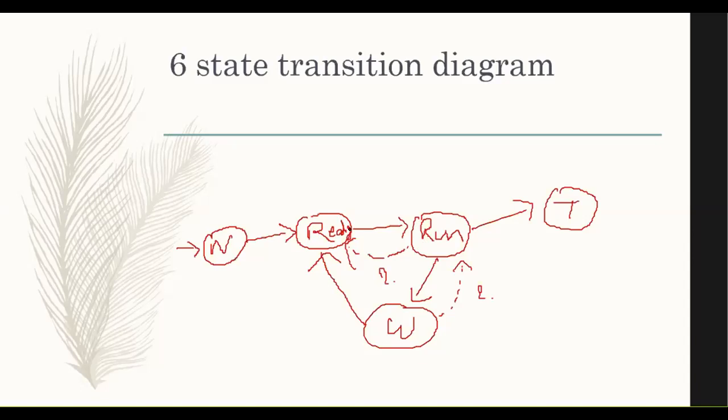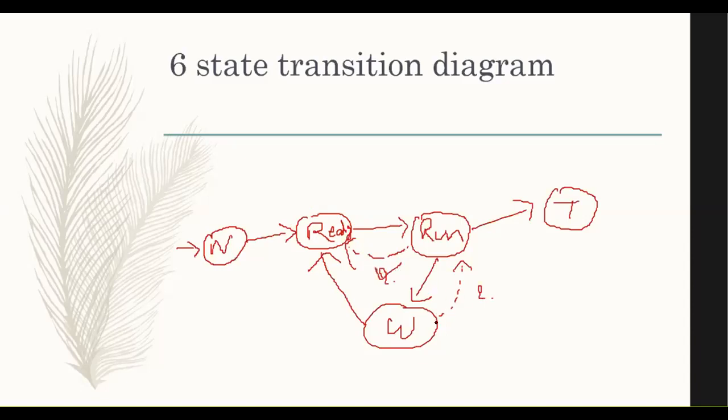The reason is that it's not necessary that each and every time a process would like to wait. There is a possibility that a certain non-maskable interrupt occurs, then the process moves from running to ready directly because the system has forcefully taken the CPU from the process. Hence, it should be sent to the ready state, and whenever the CPU is free, it should be given immediately to that process. So we got the answer: yes, it is right.